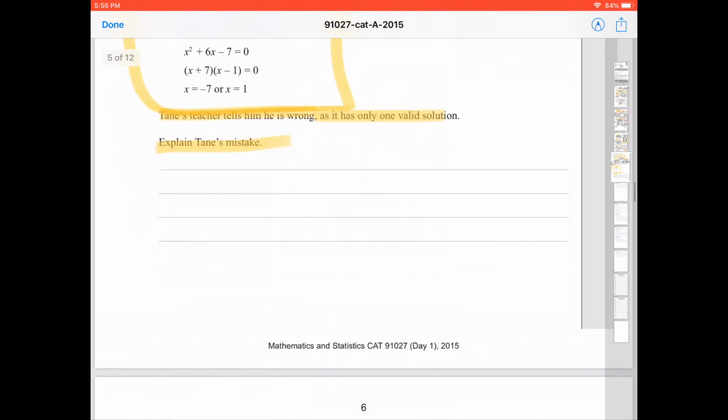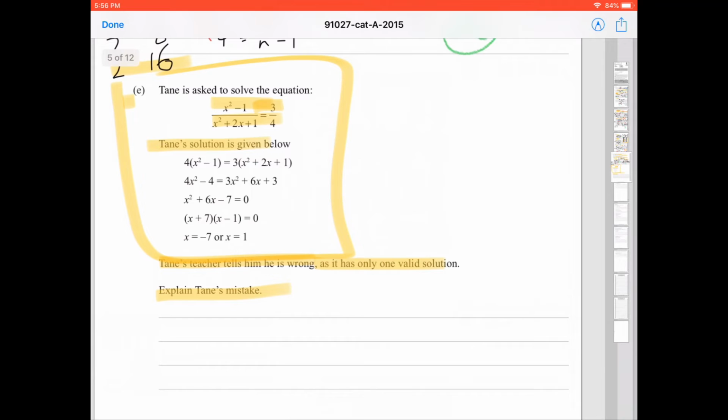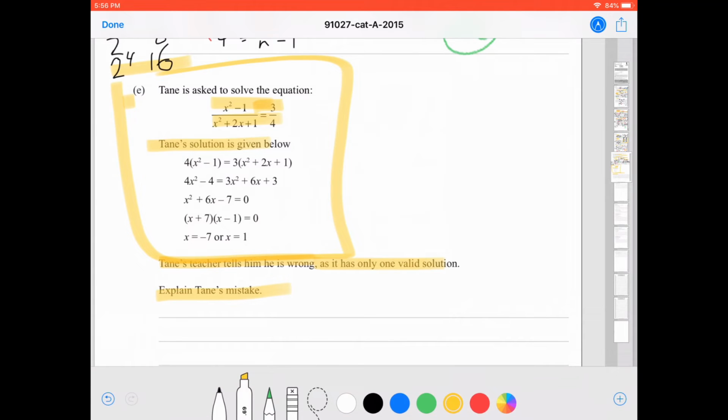Okay, so yeah, not a whole lot of room here. Let's basically look at Tane's working and decide where the mistake is. And we could even just number each line of working here. Okay, looking at line 1, basically he's just cross-multiplied, and that looks all fine.